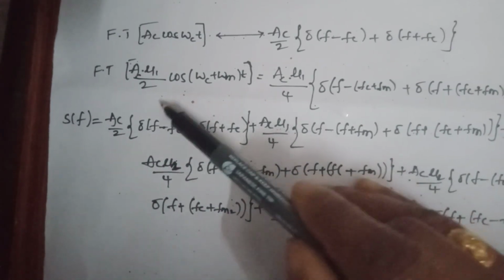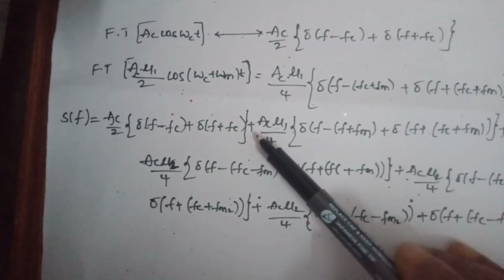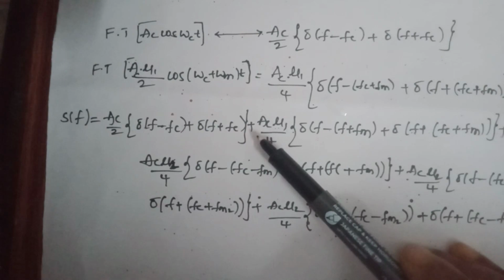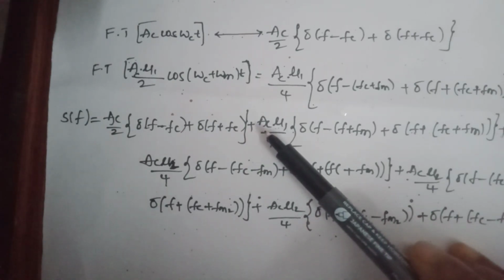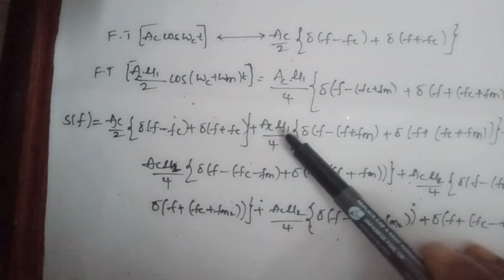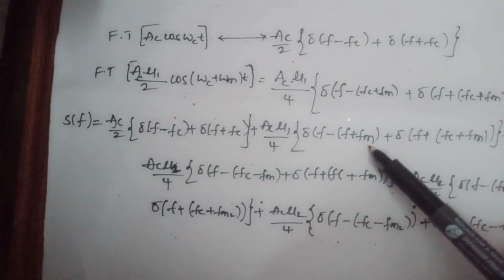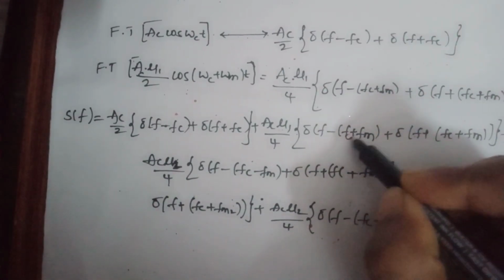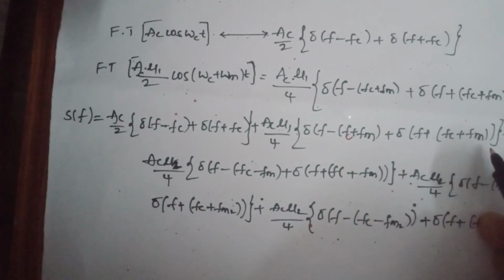This is related to AC cos omega c t. Next term, that is AC into mu 1 by 2 times cos of omega c minus omega m1 is there. Okay, so that is AC mu 1 by 4 [delta of f minus fc plus fm1, plus delta of f plus fc plus fm1].